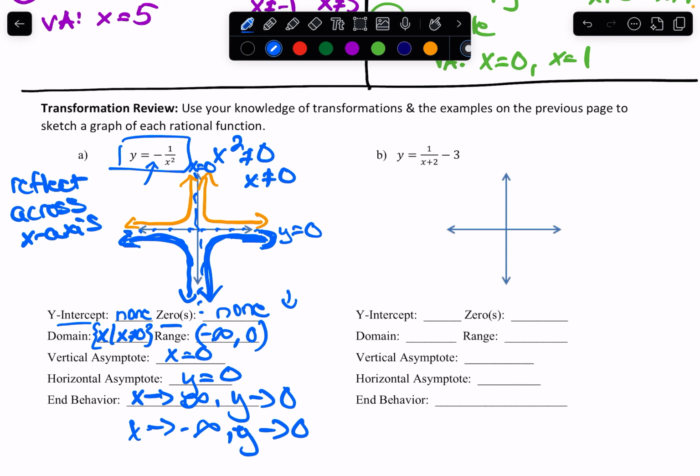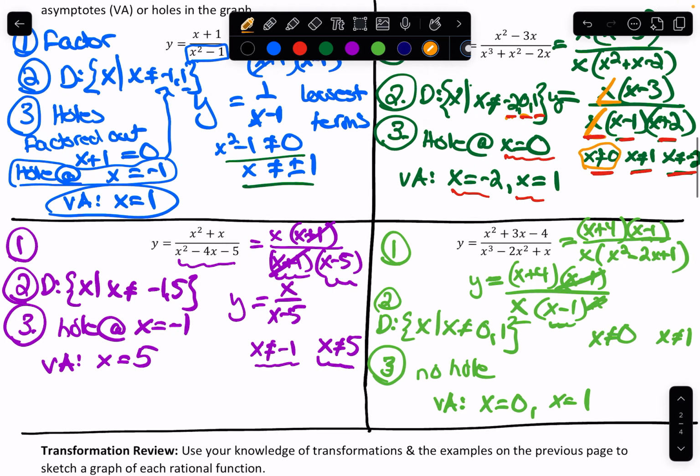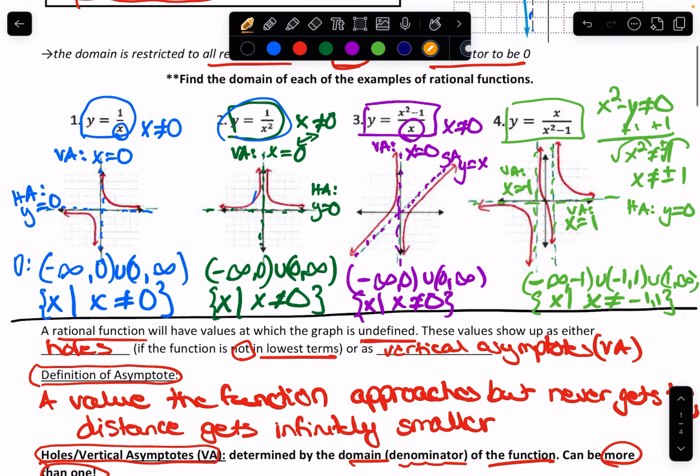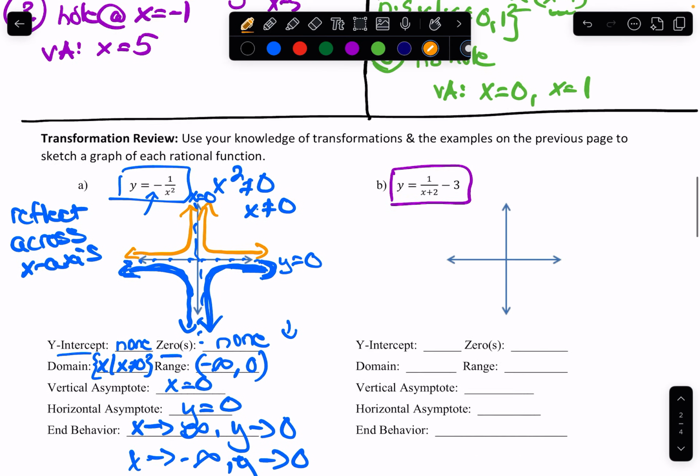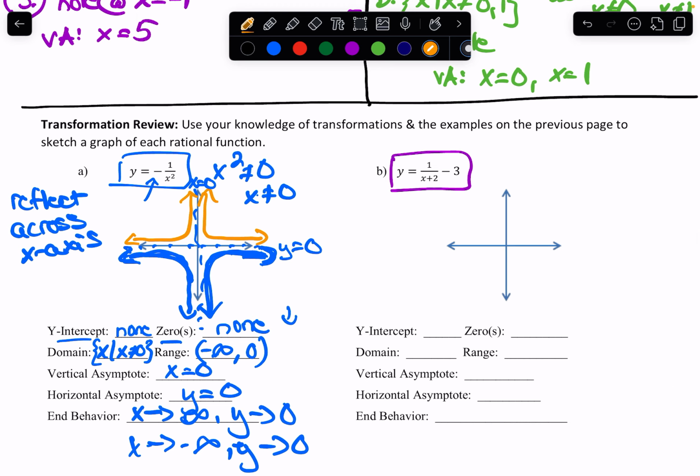Okay, let's look at y equals 1 over x plus 2 minus 3. So this parent function is going to be the first one. So y equals 1 over x. So it's going to look like this and like this.